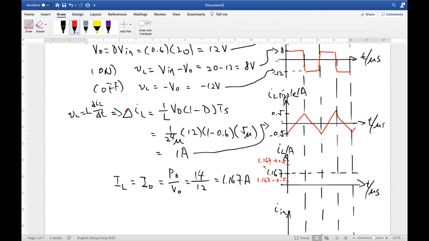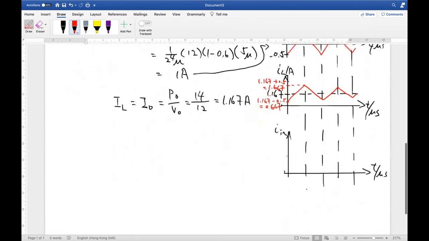So it is equal to 1.667, and this is equal to 0.667. Okay, and then we just need to draw like this. All right. Okay, so this is done for IL.